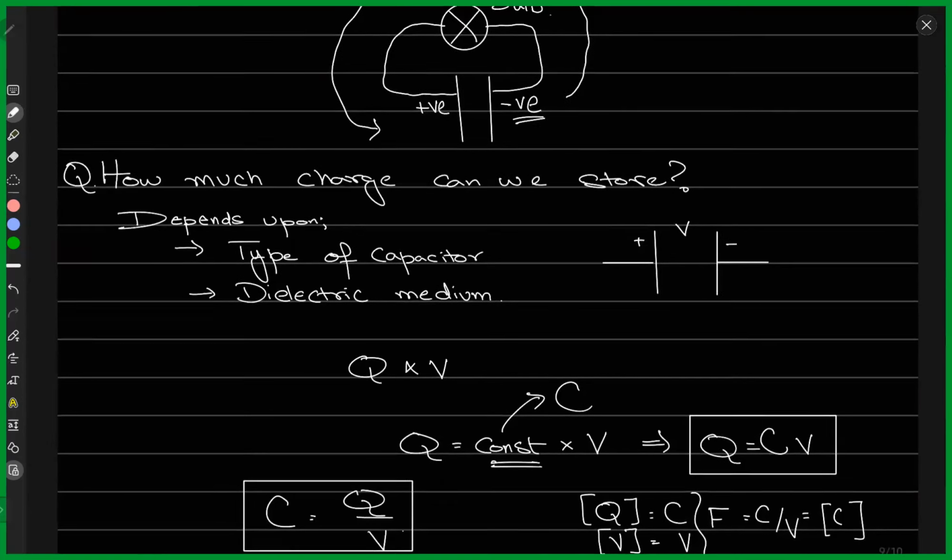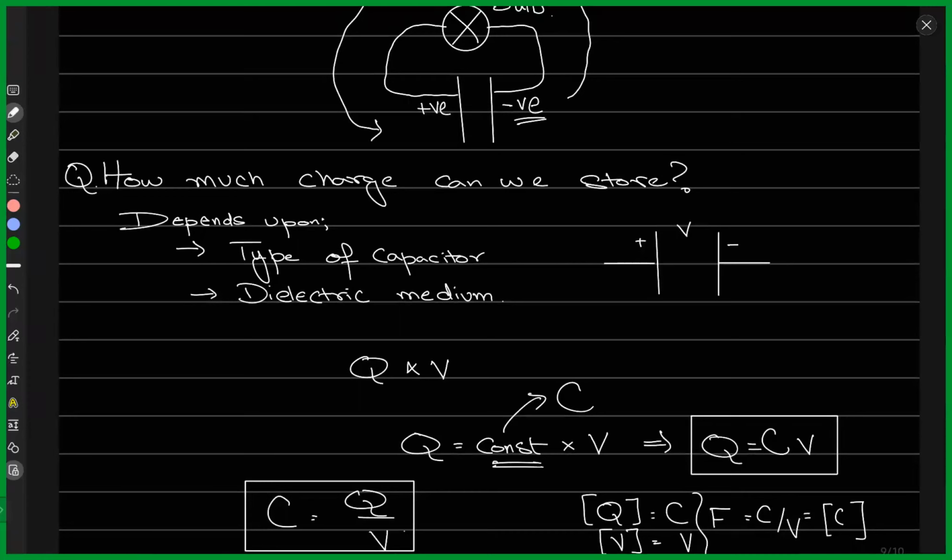And from there, we saw that the more potential difference there is between these two plates, the more charge I can store, because if there is more positive charge over here and less negative charge, that increases the difference between the potential of these two plates, right?